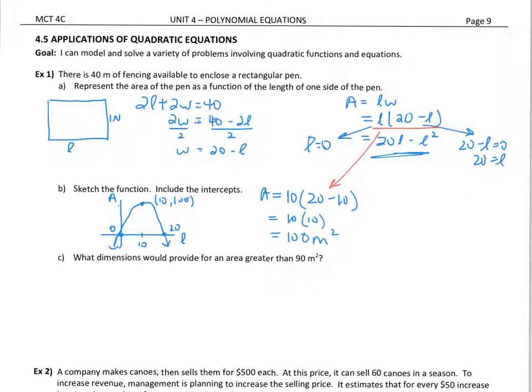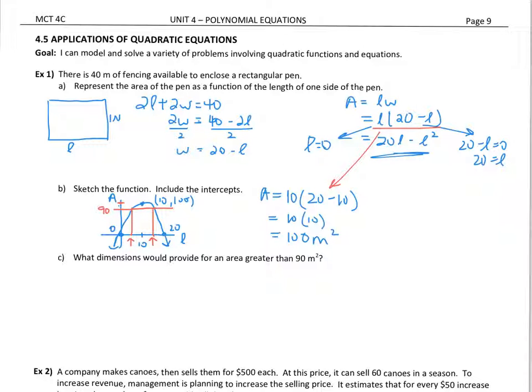All right, what dimensions would provide for an area greater than 90 square meters? So if this is our 100 right here, we're really looking at the 90, and we're looking at what values, what range here to here is going to produce that area.